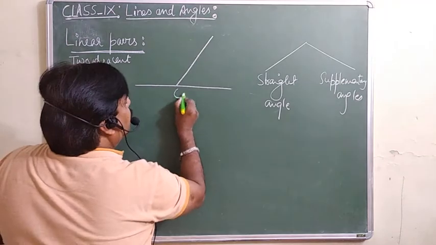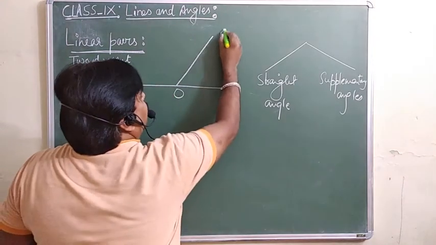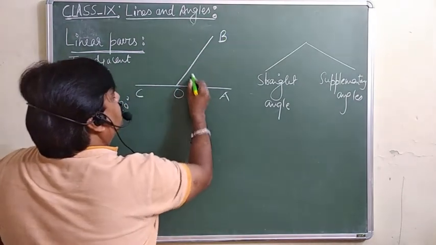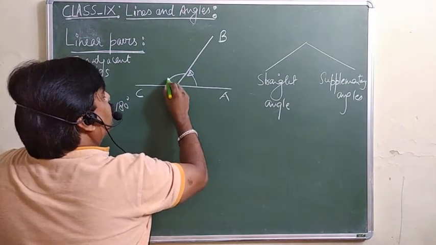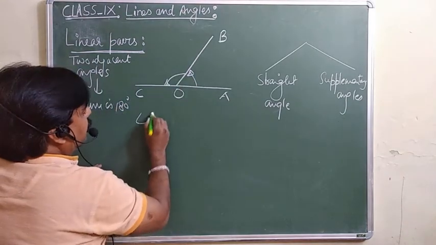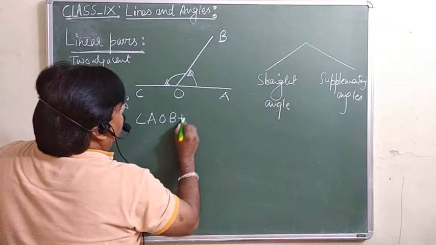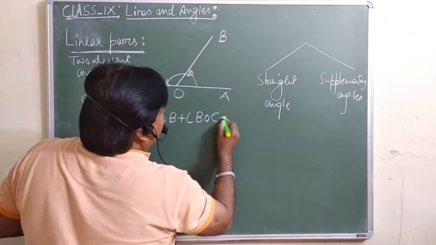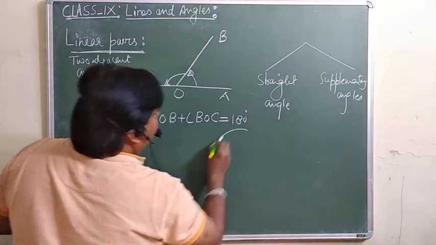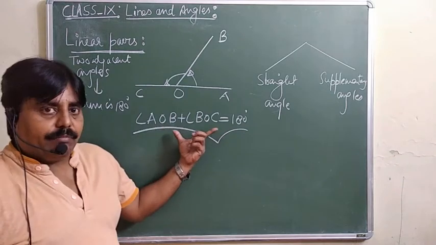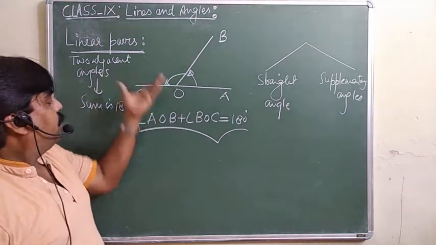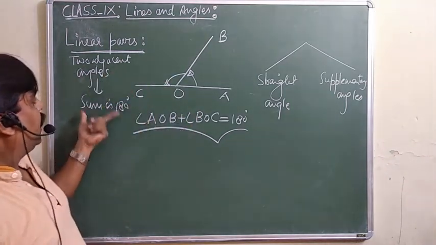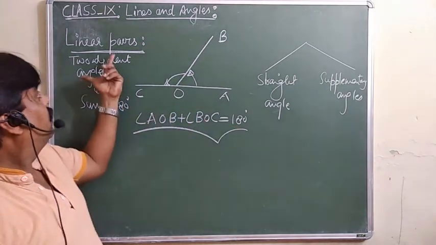Just see here: you are taking AOB and BOC. Angle AOB plus angle BOC is equal to 180 degrees, so these form a linear pair. To become a linear pair, the sum of the two adjacent angles must be 180.